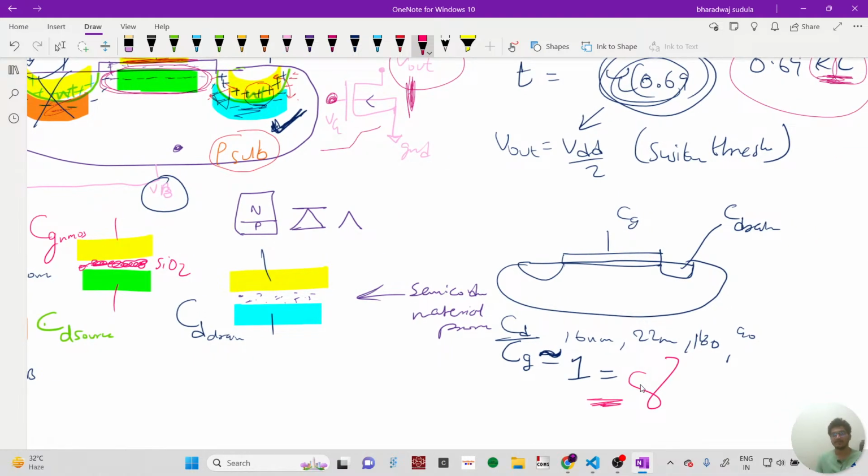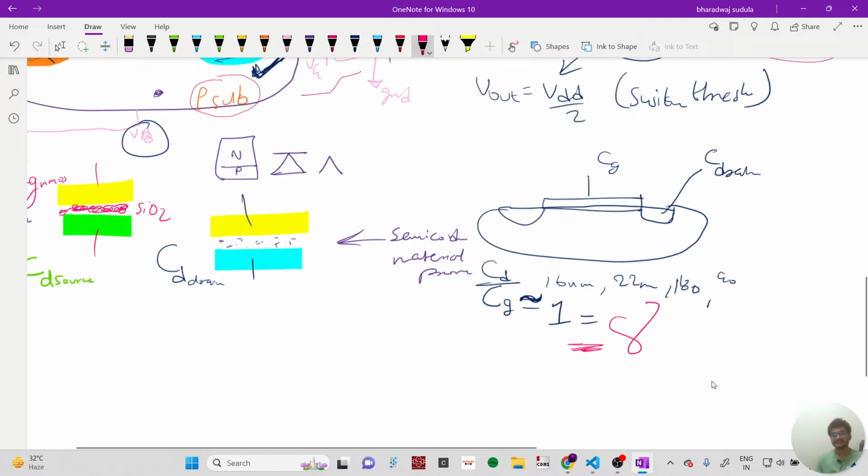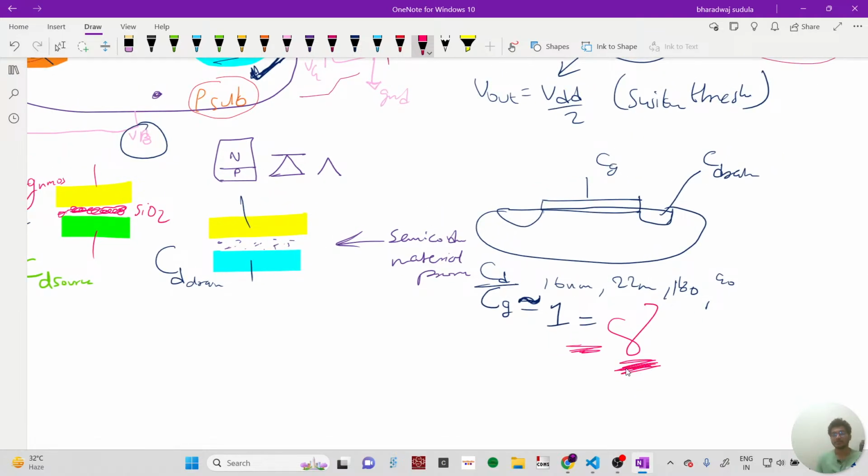This is called Cdiff, and it is process dependent because we have to diffuse this n plus region and gate in such a way. Gate, in the sense of the SiO2 insulation gate thickness, depends on the process, whatever the foundry people are doing.